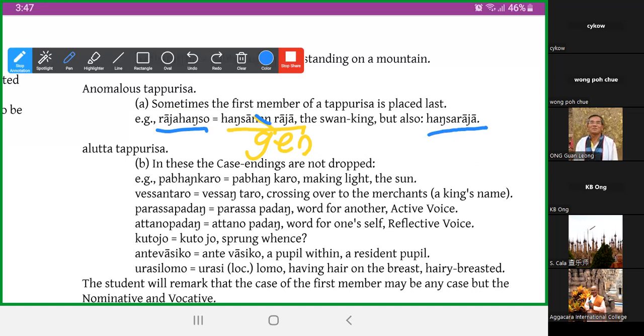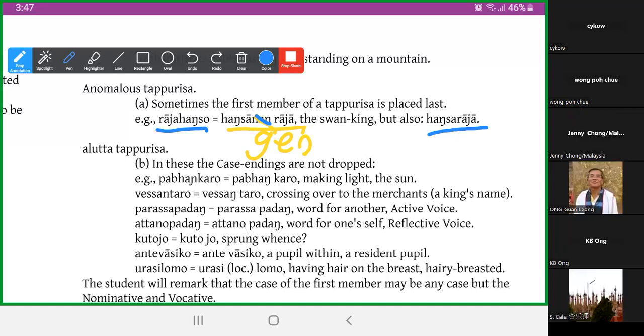Anybody? Six. Okay, so how do you call six? Genitive. Yeah, what is the Pali name? Sata, or Sati, Sata Tappurisa or Sati Tappurisa.